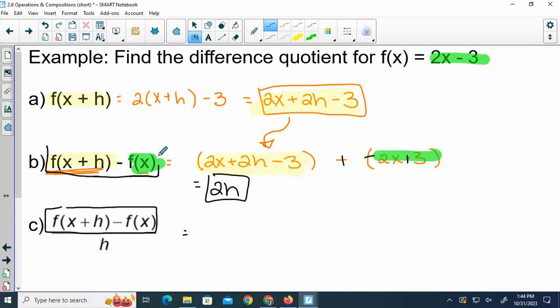That's what we just found on part B. What did we get for our answer there? So it's 2h divided by h, which gives me 2. On these problems, part A will be the longest step usually. Parts B and C, things should start disappearing. Things should cancel out when you get to those. Did I lose anybody on that one?